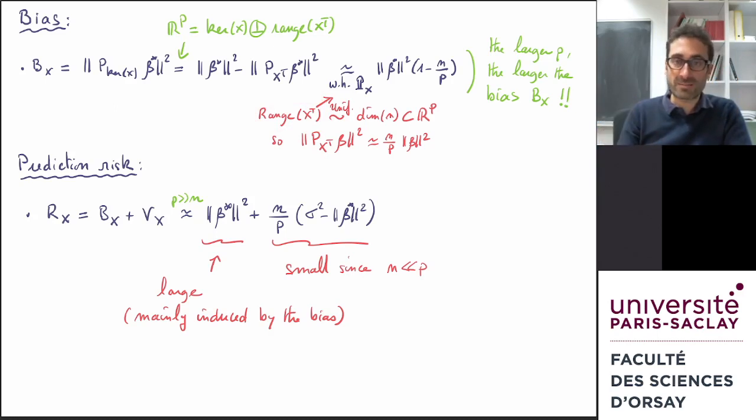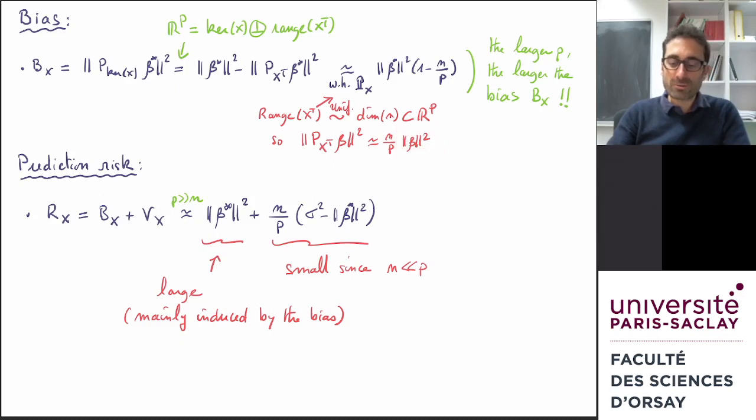There is no direction that is preferred, because everything is invariant by rotation, because everything is isotropic. Sigma is equal to the identity. So the range of x can take any direction among all the possible subspaces of dimension n. So think, for example, in expectation, it means that you will take only a fraction n over p of the norm of your vector.